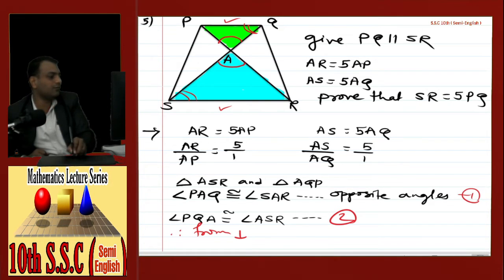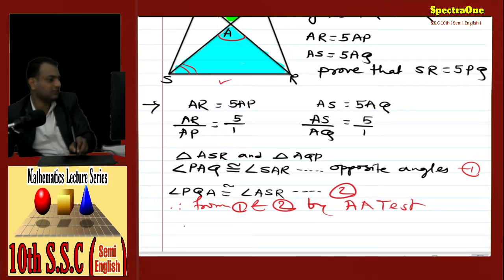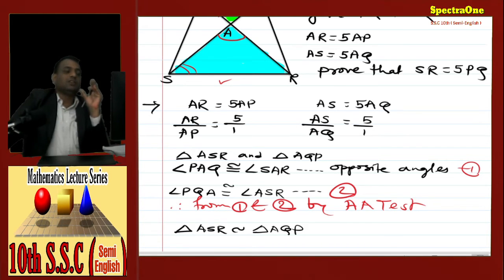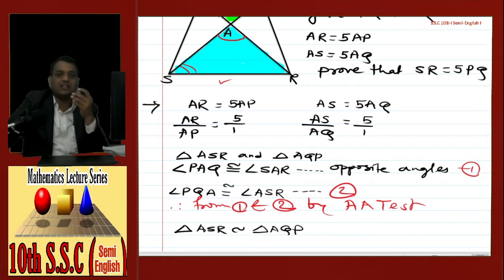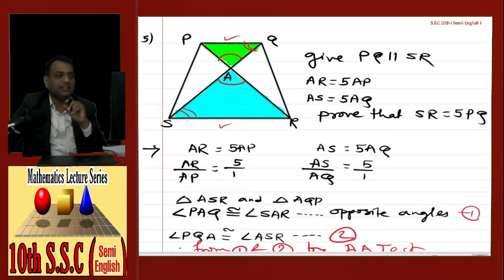Therefore, from 1 and 2, by the angle test, triangle ASR is similar to triangle AQP. Here we can use another test of similarity.